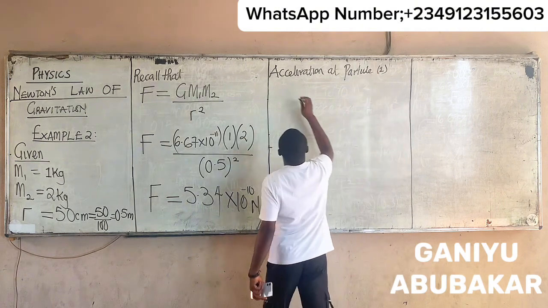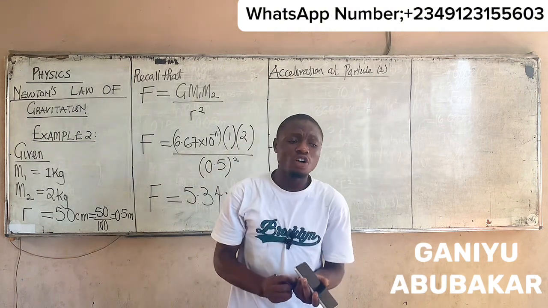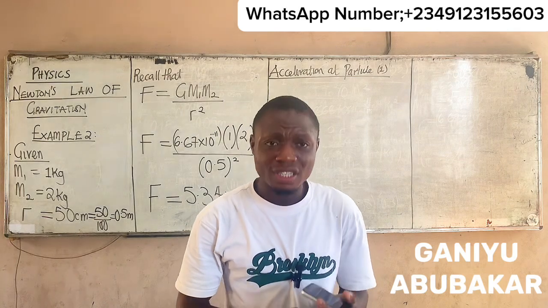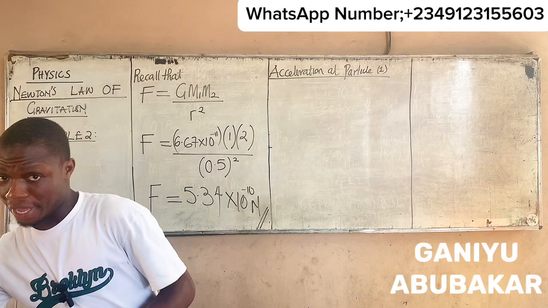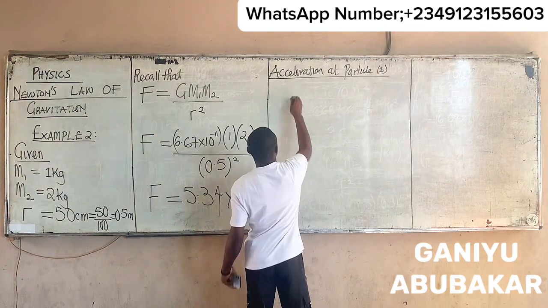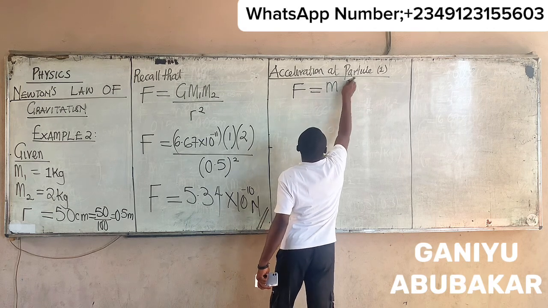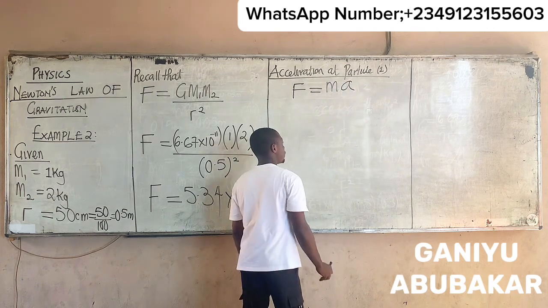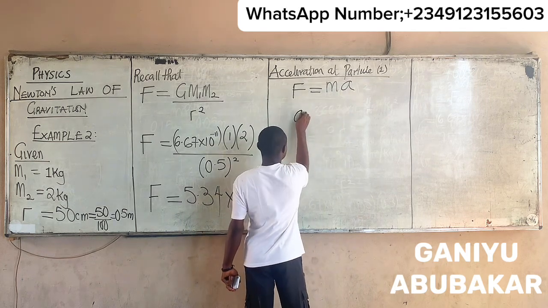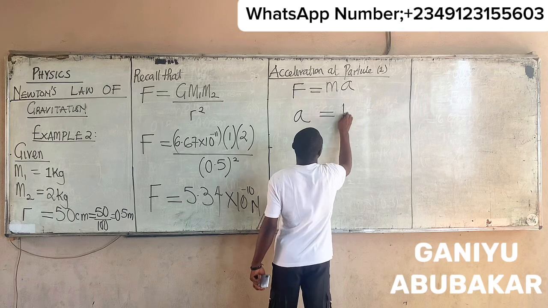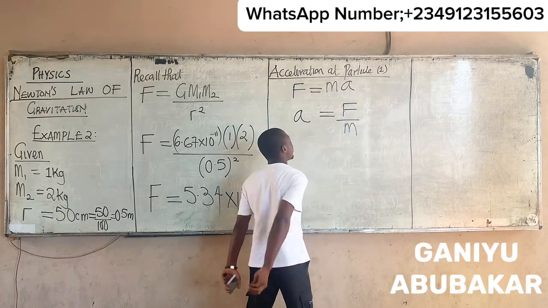For my particle 1, go back to Newton's second law of motion, which says that F is equal to ma. I'm asked to find acceleration. It's easy: make acceleration the subject of the formula, a equals F over m. Now, what's your F?